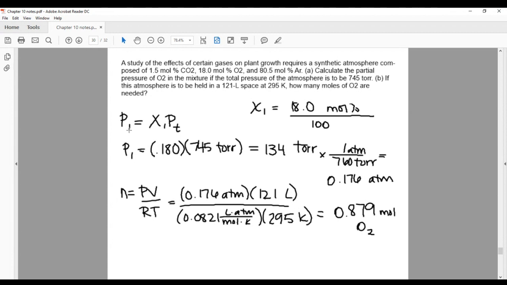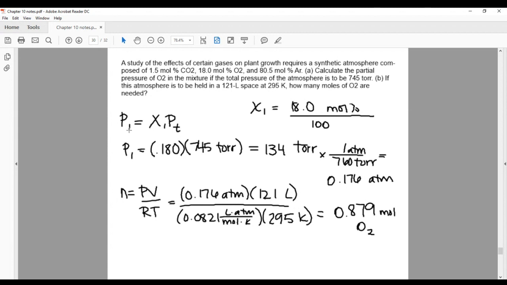Okay. It makes sense, because if I look at the total pressure, it's 745, and I have roughly 20% oxygen. 20% of 745 is right around 150. So I got 134, so that's spot on.